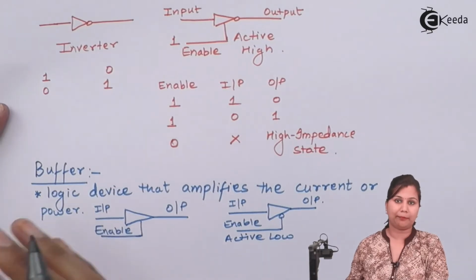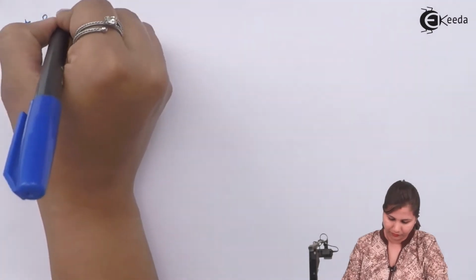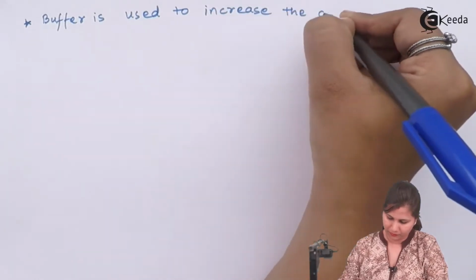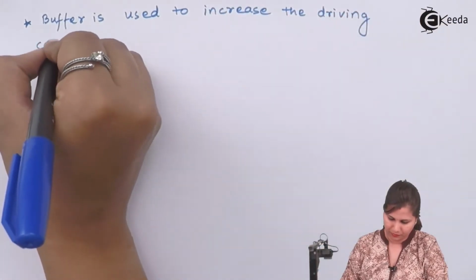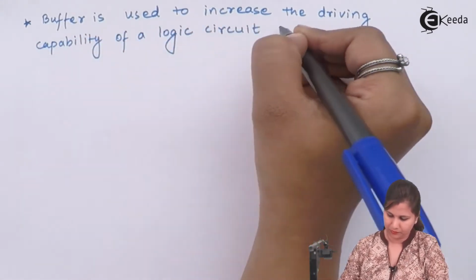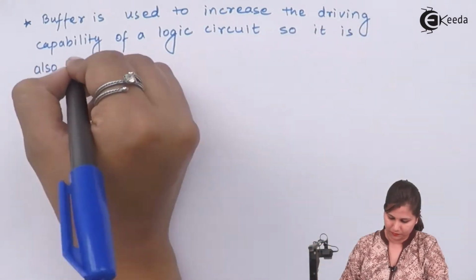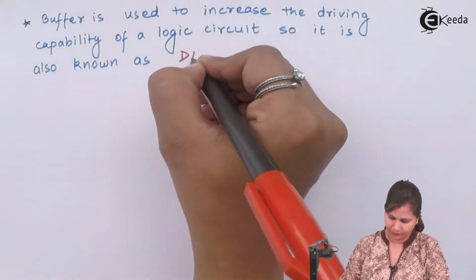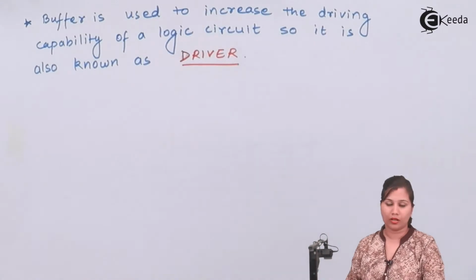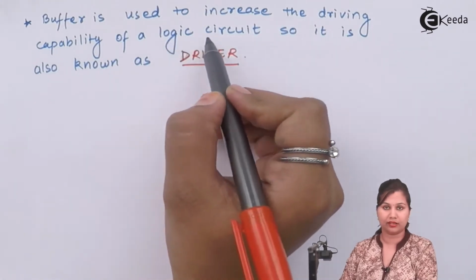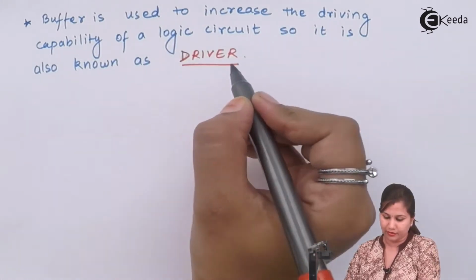That is, the input is amplified in the output. The buffer is used to increase the driving capability of a logic circuit, so it is also known as the driver.